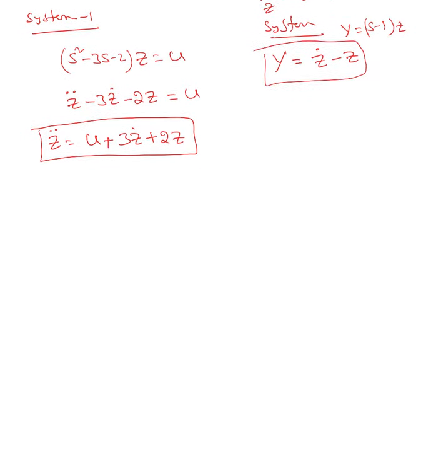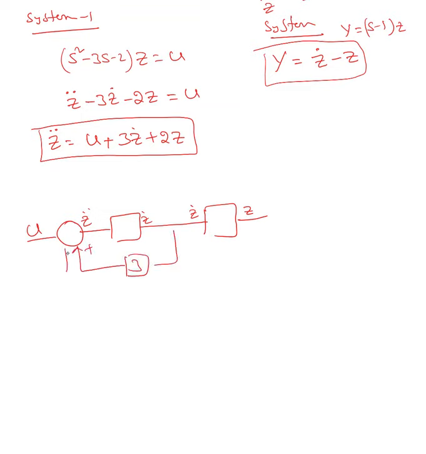For z double dot, there are two integrators, so I have two integrals here. I'm going to take this as z, that's z dot, and then z dot, z double dot. How did I get the z double dot? I have u coming in, and 3z dot, that's positive, and 2z, that's positive.